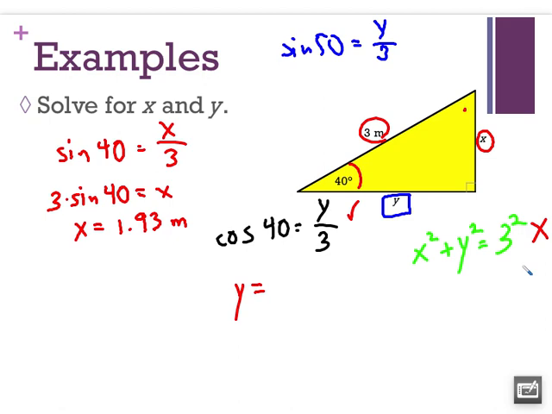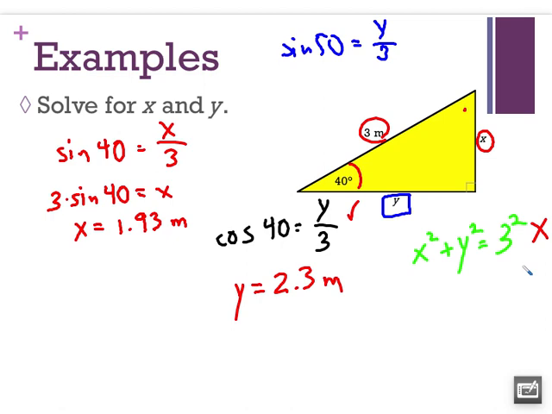Okay, what do you got? I think it would be 2.3 if you're rounding to 2 decimals. Can somebody confirm? 2.3? Okay, so let me illustrate now why we have to be careful with the calculated numbers.